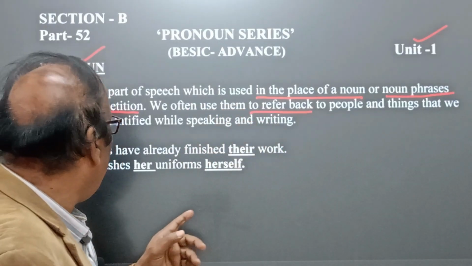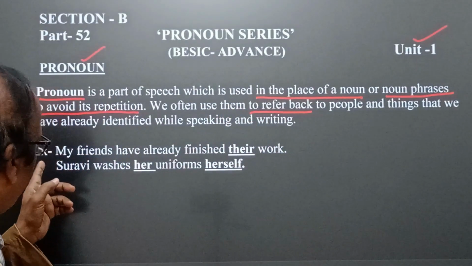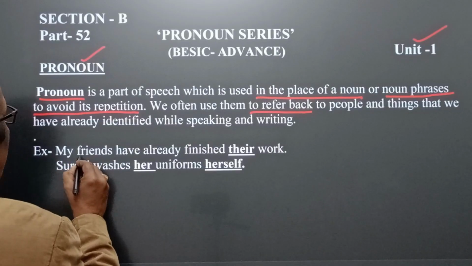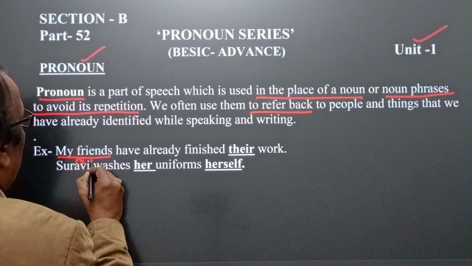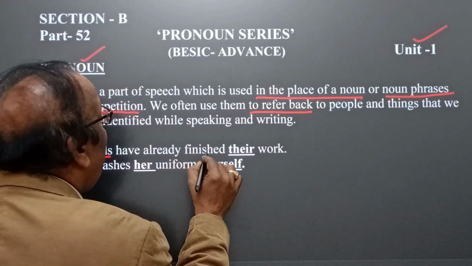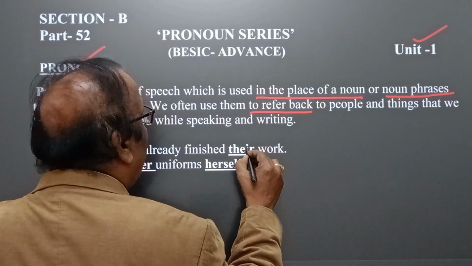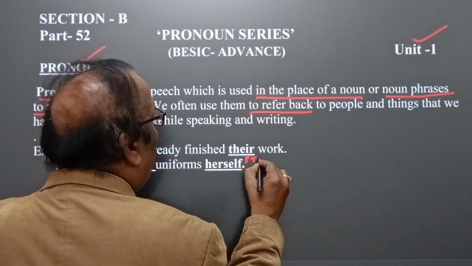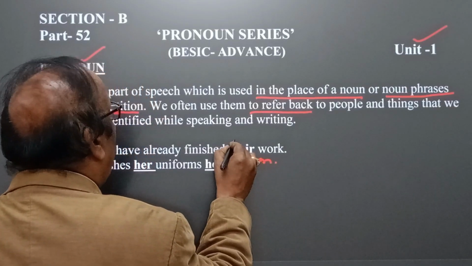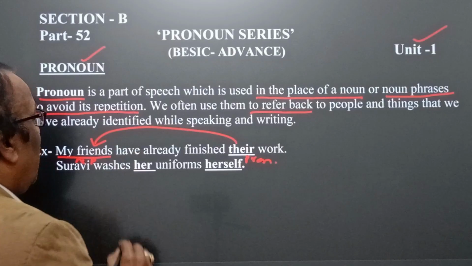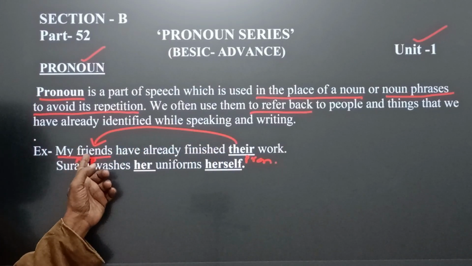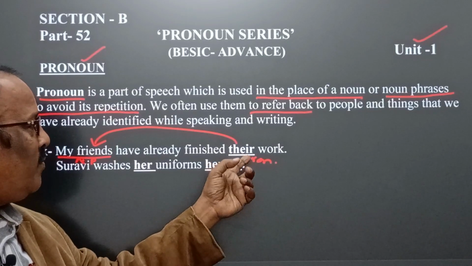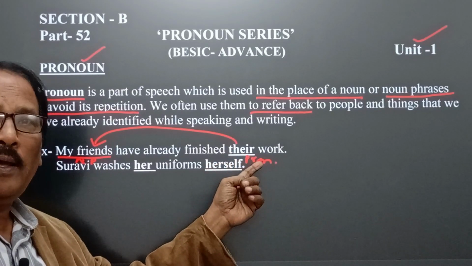Now come the examples. You see here, my friends. Remember, my friends is the noun phrase, which has already been mentioned. You see, there is the pronoun, and this pronoun refers back to my friends. In place of my friends, we have used their.